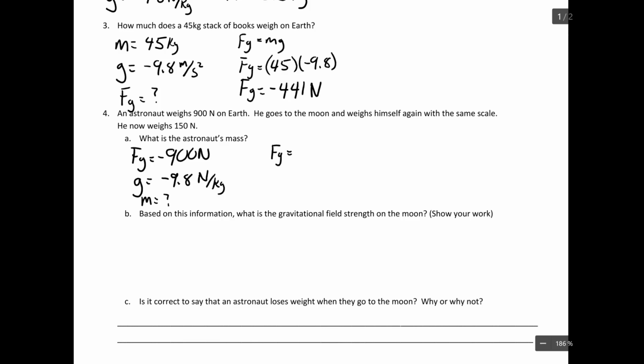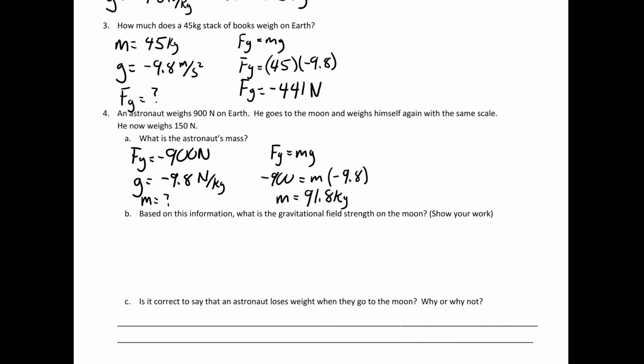Fg is equal to mg. Fg is negative 900 newtons. We're looking for the mass, times negative 9.8. So negative 900 divided by negative 9.8 gives you 91.8 kilograms. So that's the mass of the astronaut.